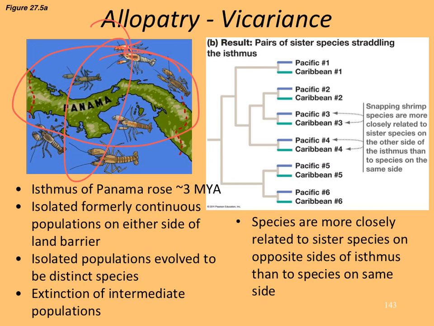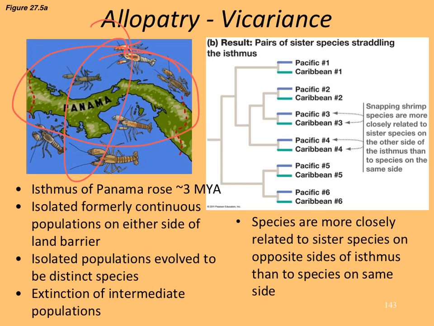And so there are these sister species across taxa. Now there are sister species because the Panama Isthmus rose up and then separated the whole population, because these things live in the ocean, okay?